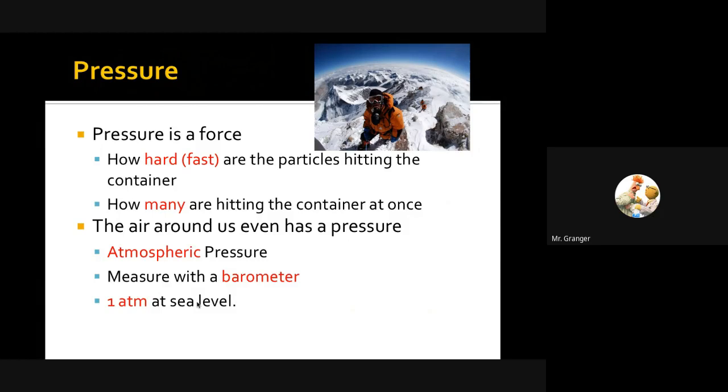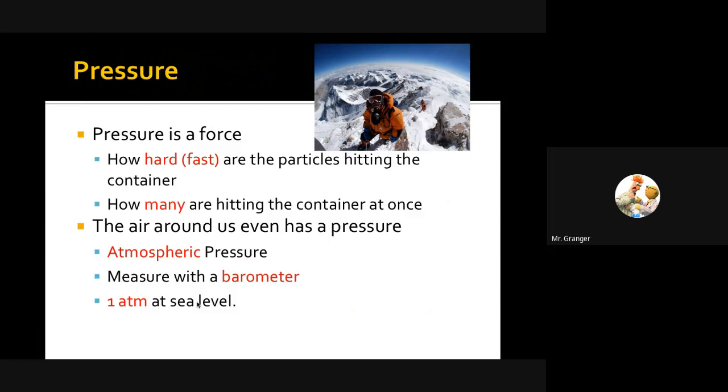So at typical sea level, right? So if we're standing at the beach next to the ocean, 1 atmosphere of pressure is what's typical at sea level. Now that changes as you move away from sea level because as you go up in elevation, you have less atmosphere pushing down on you.